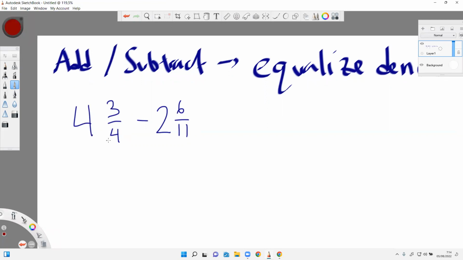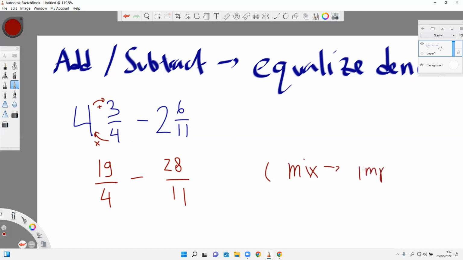So multiply, right? 4 times 4, 16, plus 3, 19, so 19 over 4, subtract 11 times 2, 22, plus 6, 28 over 11. Okay, this seems done for the mixed to improper fraction.